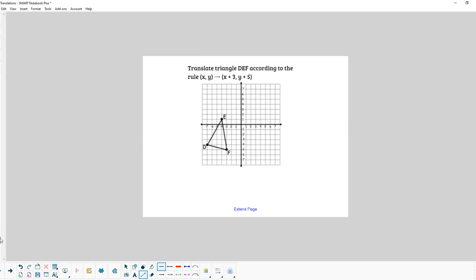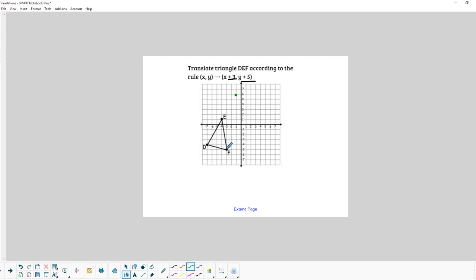Okay, on this particular one, we're going to translate the image 3 places to the right, according to that x+3 command, and 5 places up. So let's get our marker going again and start with E here. We're going to go over 1, 2, 3, and then up 1, 2, 3, 4, 5.